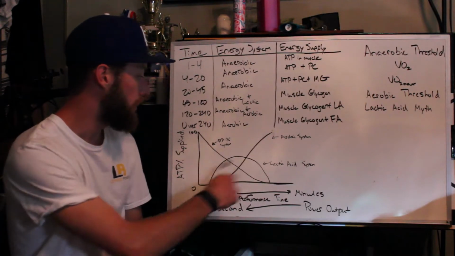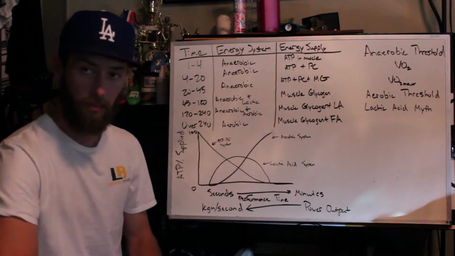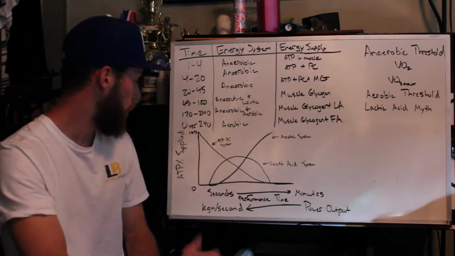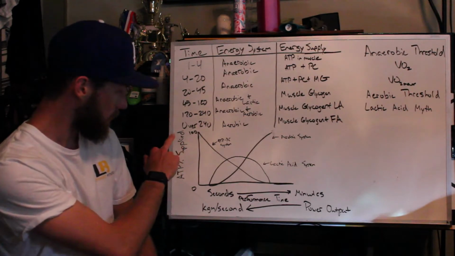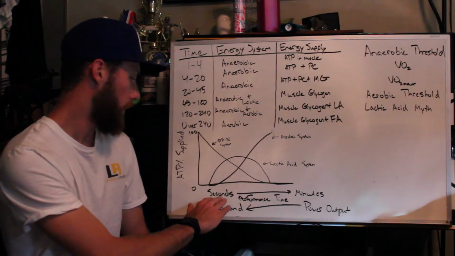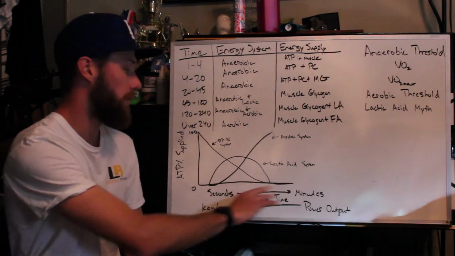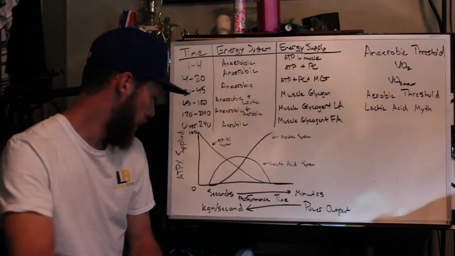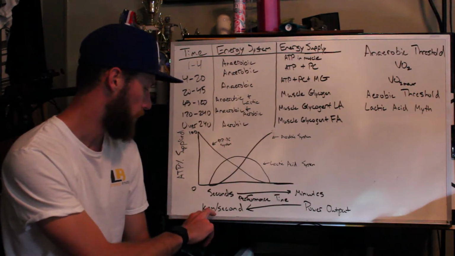Now we'll go into our continuum, and you can kind of already see the continuum happening, but this is a chart that shows that. So you have your ATP percentage supplied, and then your performance time. You have seconds here, and then minutes way out into here, and then your power output, your kilograms per second.